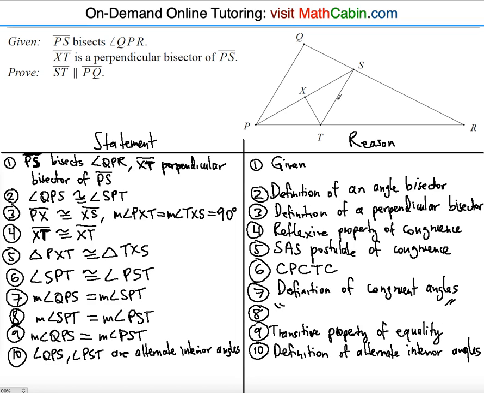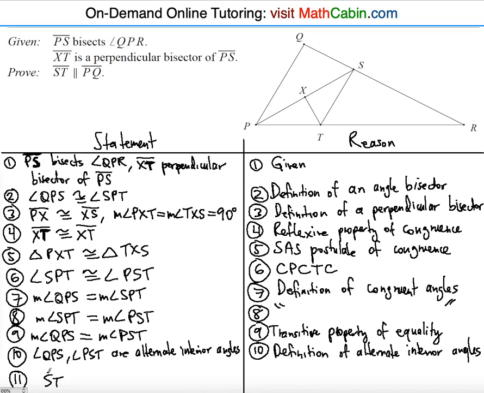The definition states that they will be on the opposite ends, basically, of a transversal line. In this case, PS would be treated like a line segment on a transversal line. So these two angles, alternate interior angles, would be on opposite sides of this transversal line segment.